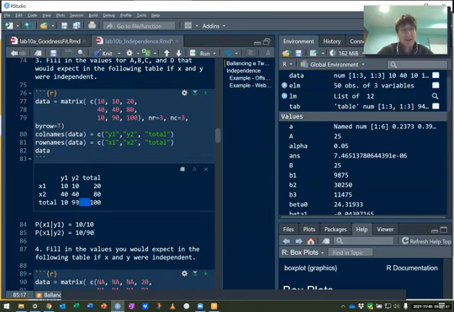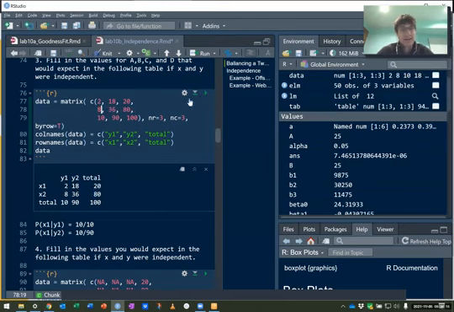What we want to have happen is 90% of the 20 go here. So what's 0.9 times 20? That's 18, right? And 10% of the 20 go here. That's going to be 2. And the same thing, 90% of 80 is going to be 72, and 10% of 80 is just going to be 8.